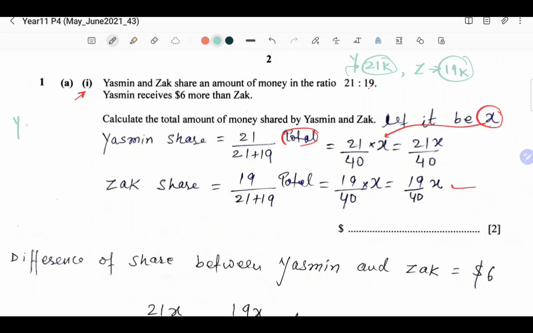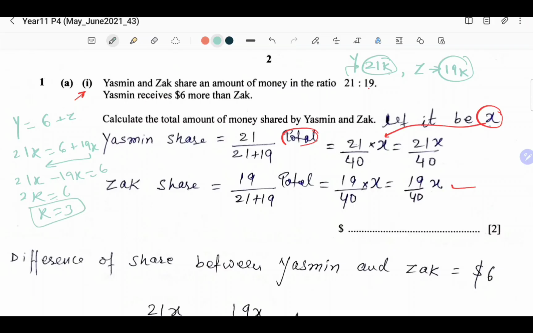Now guys, Yasmin receives $6 more than Zach. So Yasmin's share is 21K, and this is 6 more than Zach's share, 19K, right? Now take this side: 21K minus 19K equals 6. So that is 2K equals 6, so K equals 3.